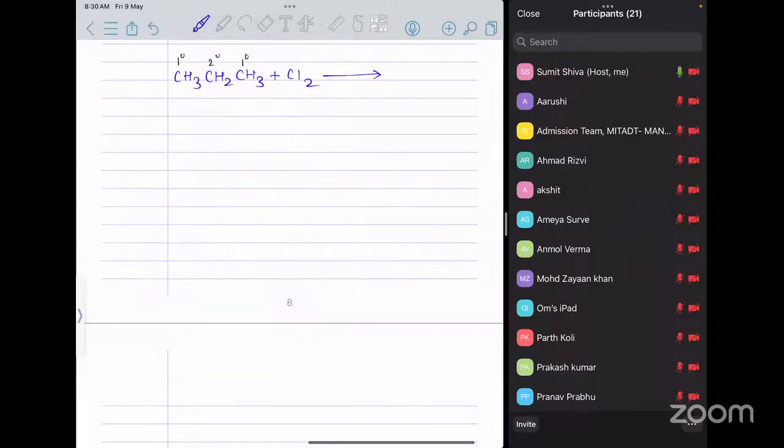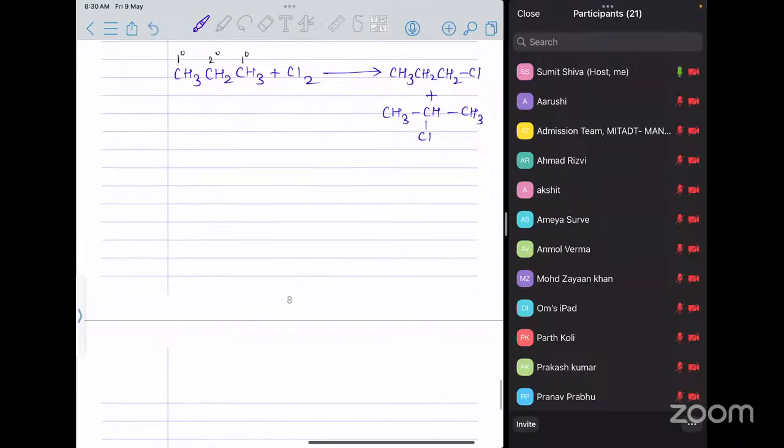So in this reaction, what will happen? H atom will be replaced from the 1 degree carbon as well as from the 2 degree carbon. So there will be two products. CH3CH2CH2Cl: hydrogen is replaced from the 1 degree carbon. And in the other case, this will be CH3CHClCH3: hydrogen is replaced from the 2 degree carbon.